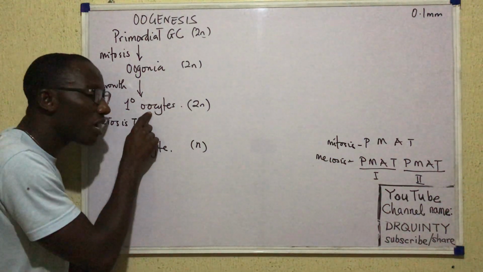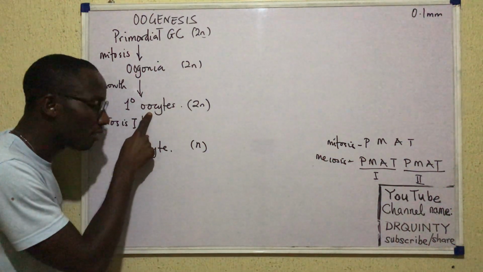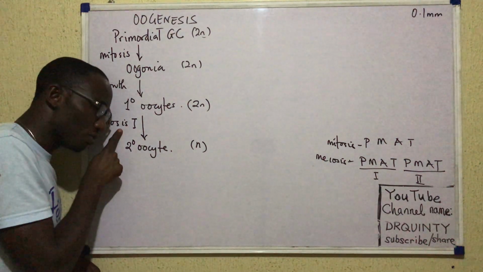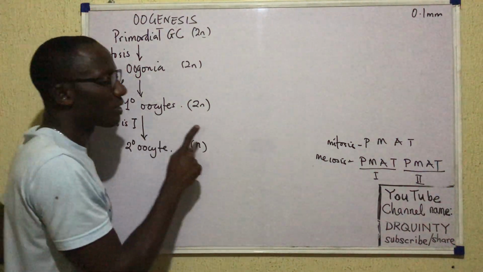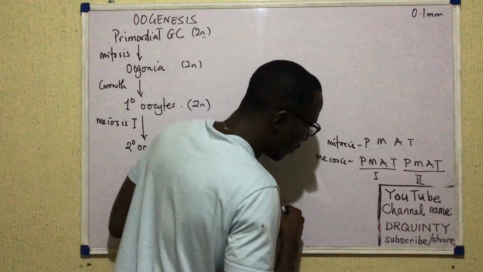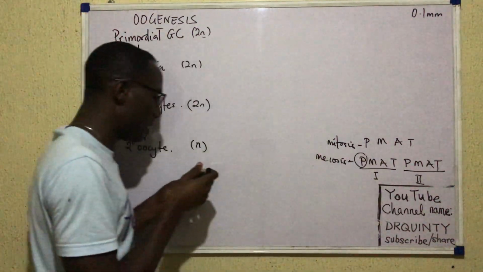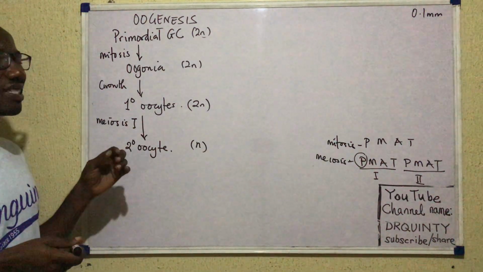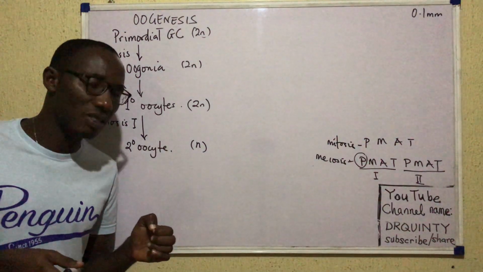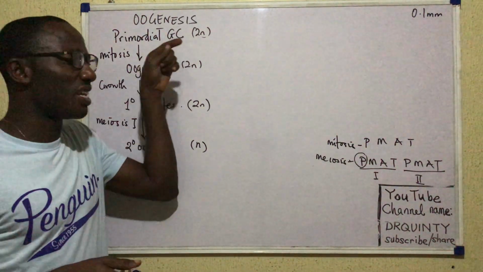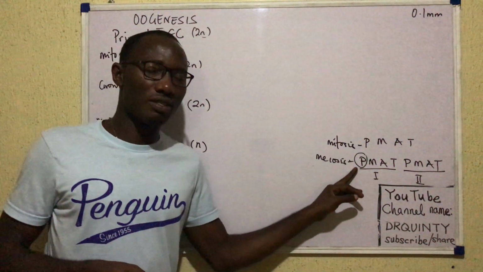Instead, it is primary oocytes that have started meiosis 1 but have not gone beyond prophase 1. So we say the primary oocytes have started undergoing meiosis, but the meiosis has been arrested at prophase 1.